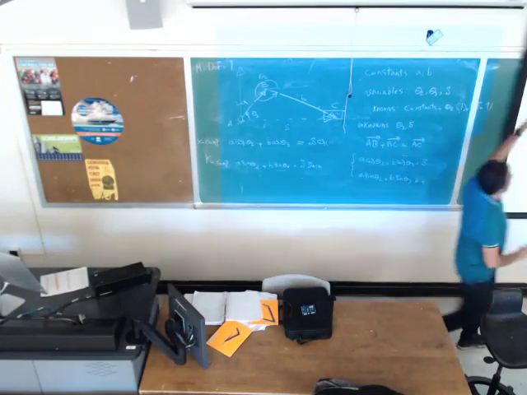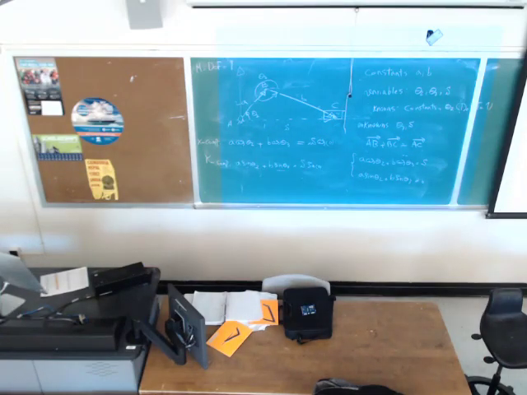Before I go further, let me ask you this. If sine of x is 0.5, then what would be the value of x? X would be 30 degrees or 150.